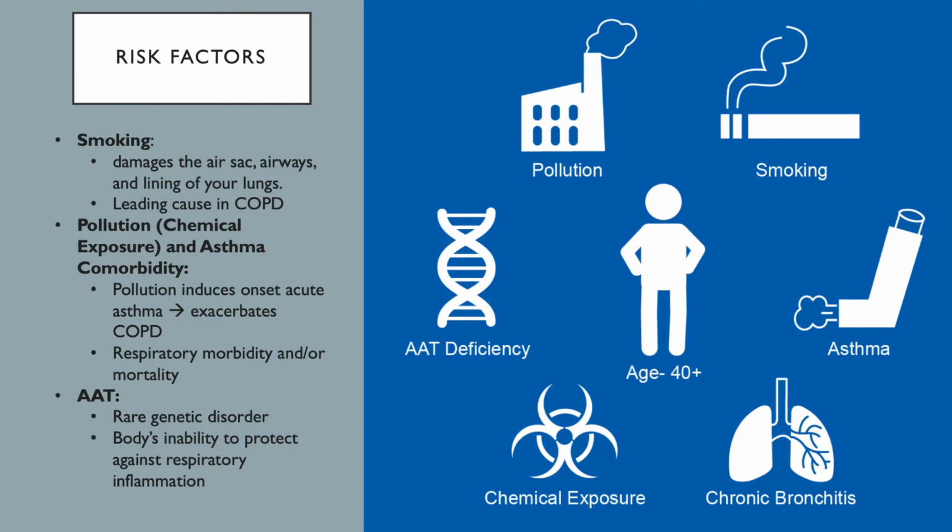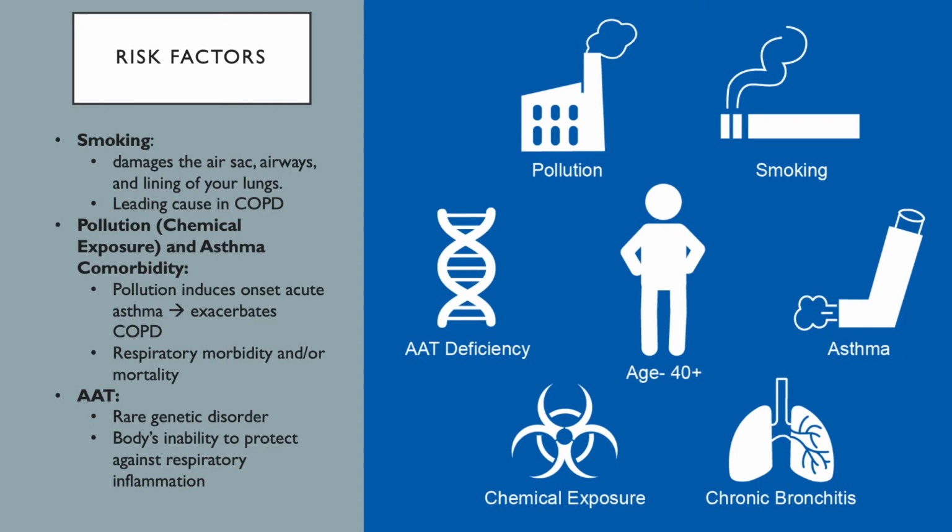So what are some of the risk factors for COPD? The main one that is highlighted through many studies is smoking, which damages the air sacs and airways and the lining of your lungs, leading to COPD. The second one is going to be pollution or chemical exposure, which is comorbid with asthma. That is because pollution induces onset acute asthma, which exacerbates COPD, which can lead to respiratory morbidity and or mortality.